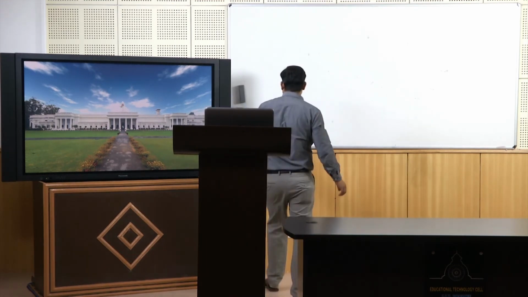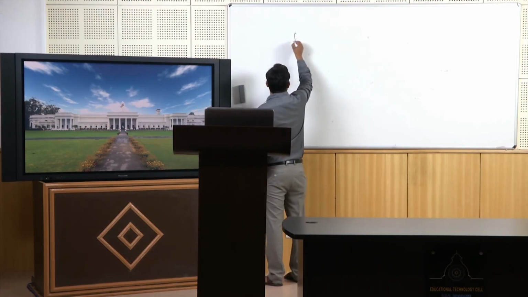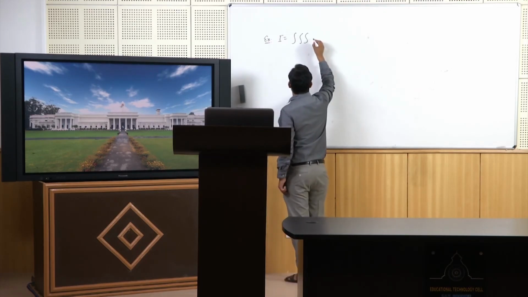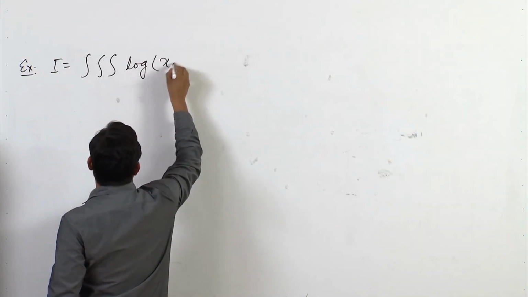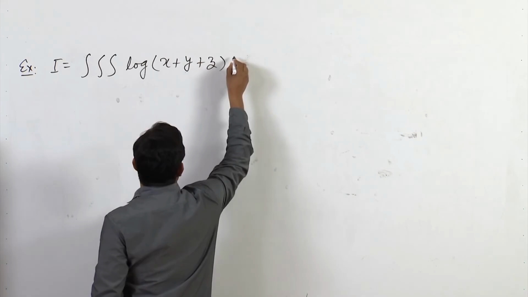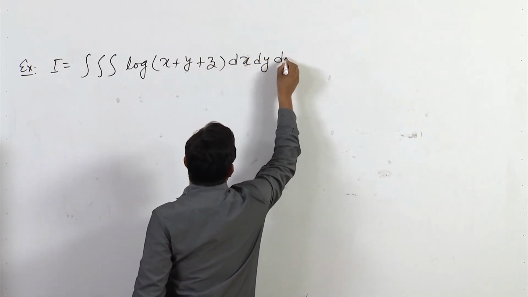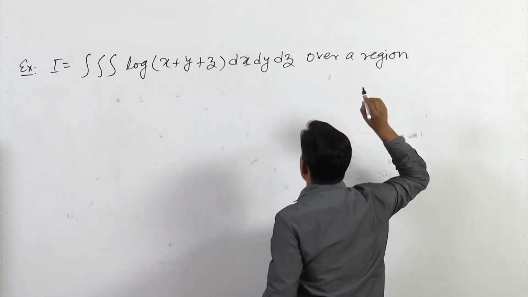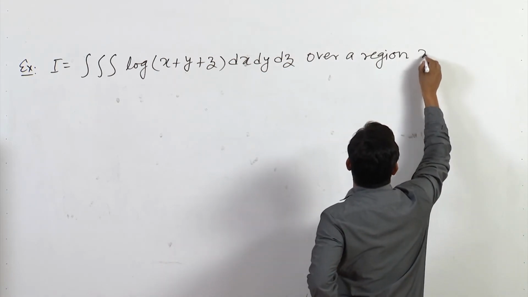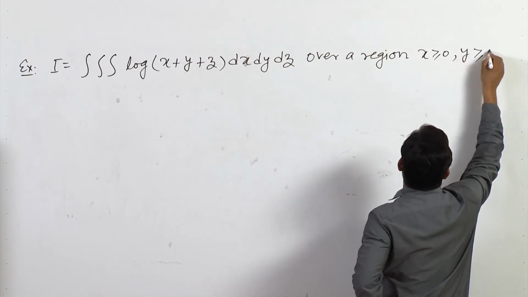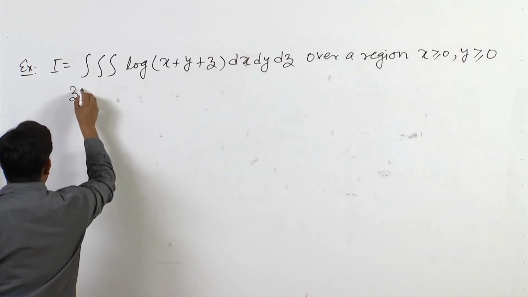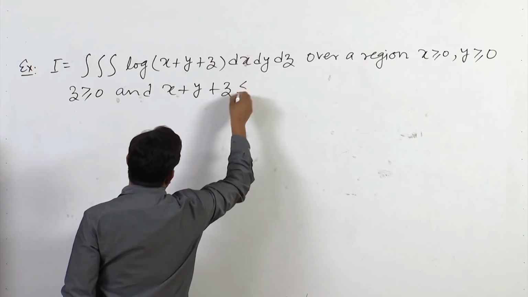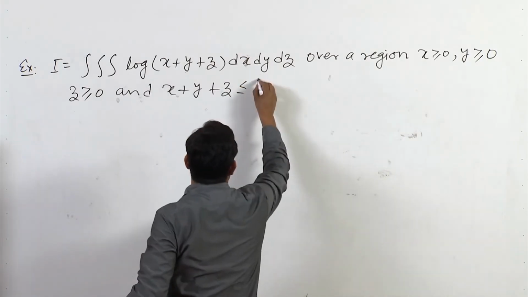So, here we need to evaluate the triple integral of log of x plus y plus z dx dy dz over a region that is x, y, z positive with x plus y plus z less than or equal to 1.